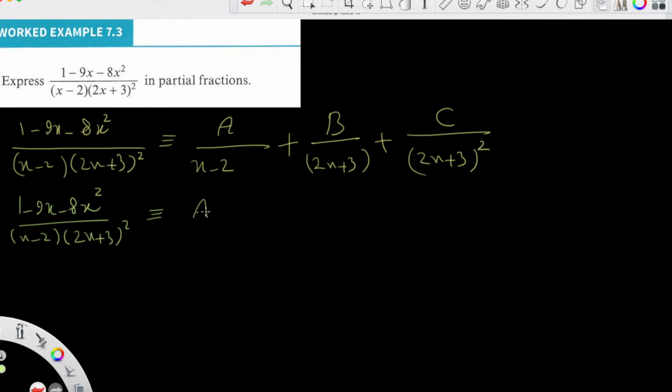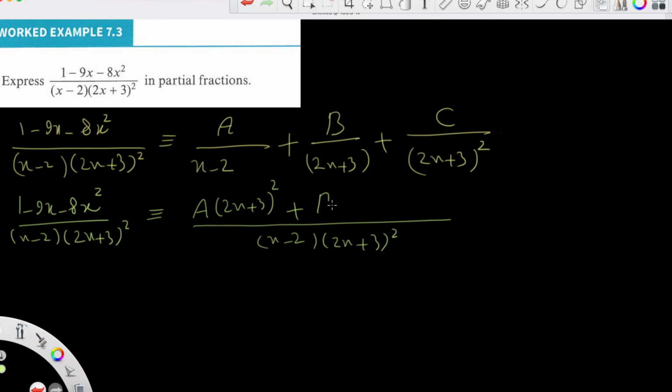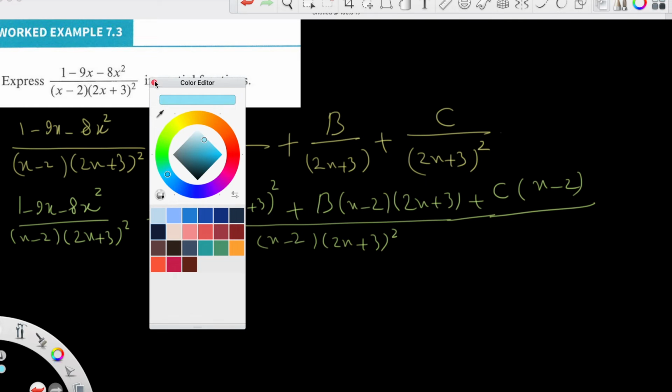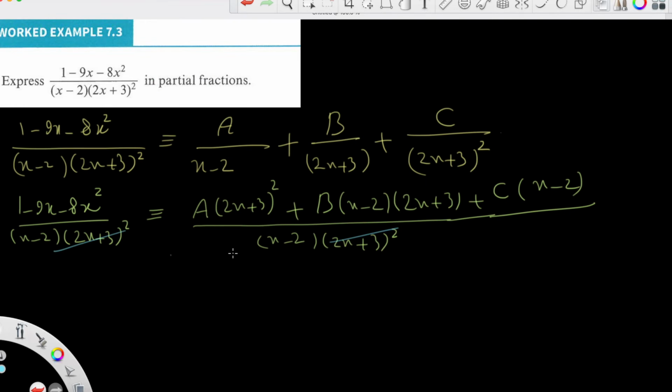So the first fraction should be multiplied by 2x plus 3 squared. The second fraction needs to be multiplied by x minus 2 and 2x plus 3. And the third fraction just needs to be multiplied by x minus 2. Now denominators in both sides are the same, so there's no need to consider them.